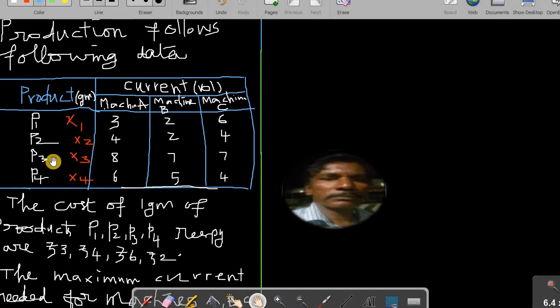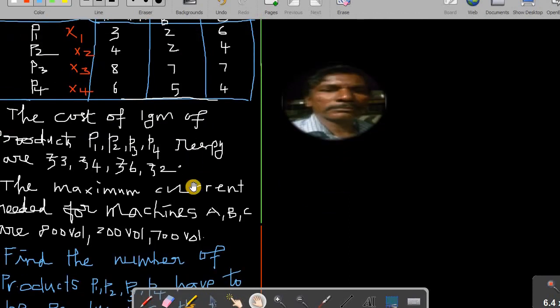The profit from the third product is 6 rupees, and the profit from the fourth product is given as 2 rupees. So the profit for the products is also given here in the data.